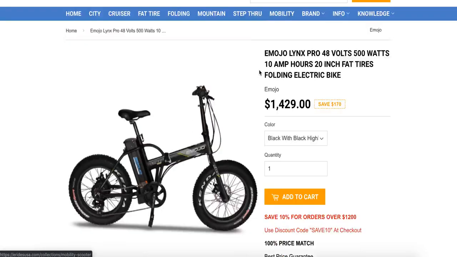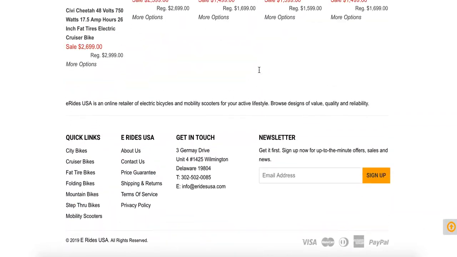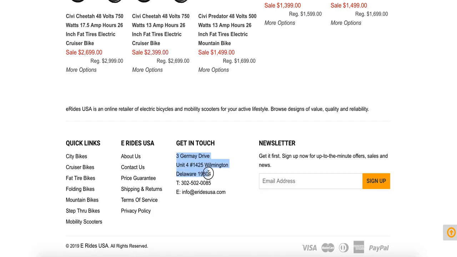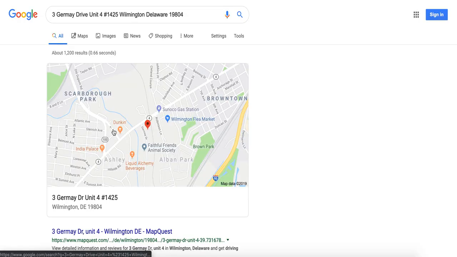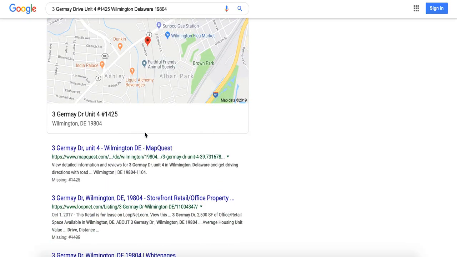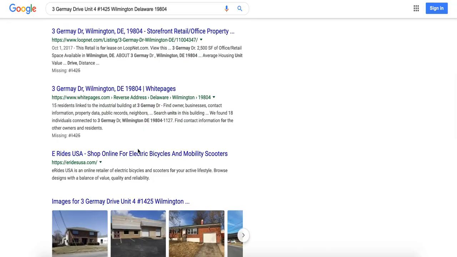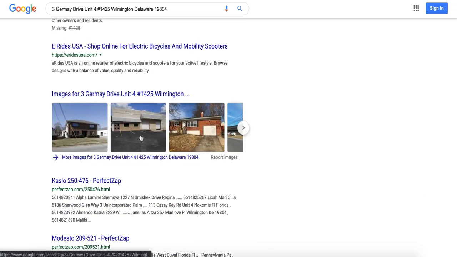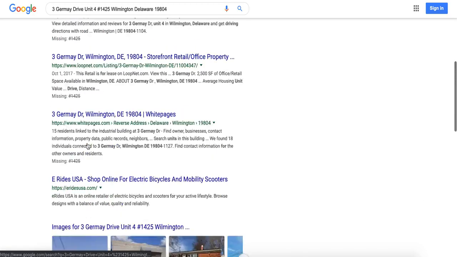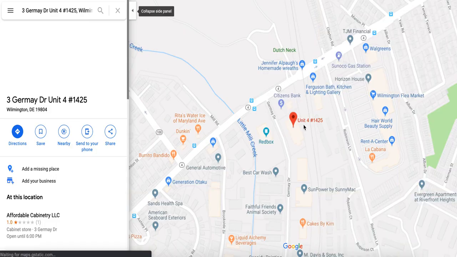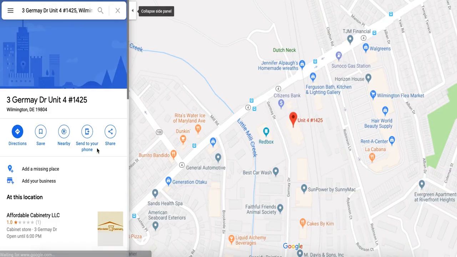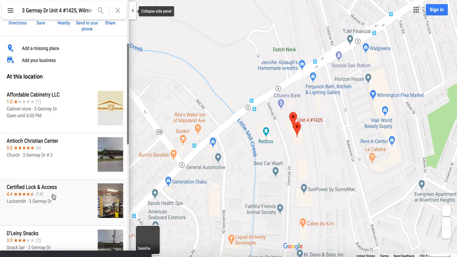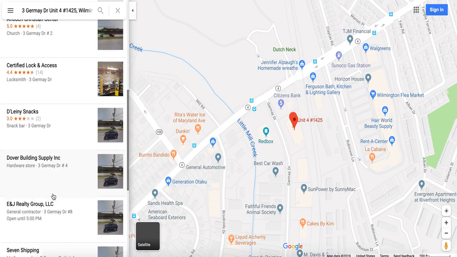Yep, this is definitely a Shopify store using the supply theme. And they have an address, but it's probably some sort of a mailbox address. Yeah, looks like it's probably some sort of a home address or something like that. We can look at the map. Unit 4, yeah, so it's probably a lot of different stores.